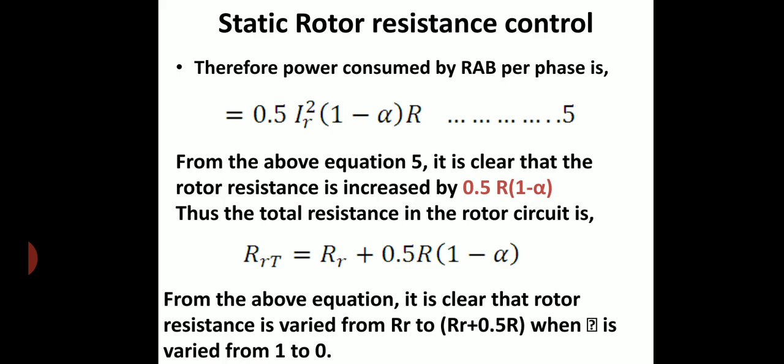Thus, the total resistance in the rotor circuit is given by RT equals R2 plus 0.5 R (1 minus alpha). So from this equation, it is clear that rotor resistance is varied from R2 to R2 plus 0.5 R when alpha is varied from 1 to 0.